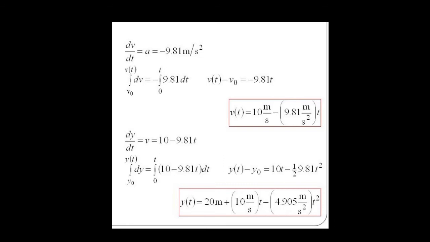Bali magiging yt minus y0 is equal to 10t minus 1 half 9.81 t squared. And from that, we can get yt is equal to 20 meters plus 10 meter per second times the time minus 4.905 meter per second squared times the time squared or the t squared.